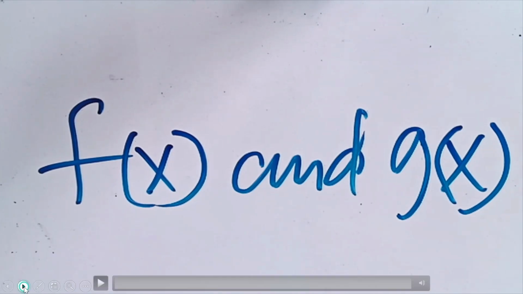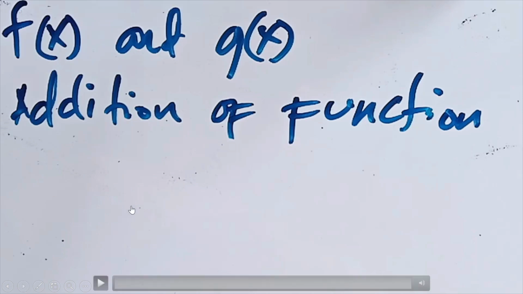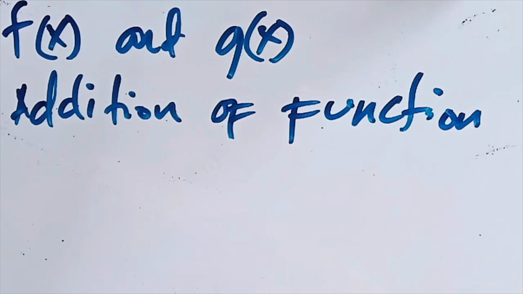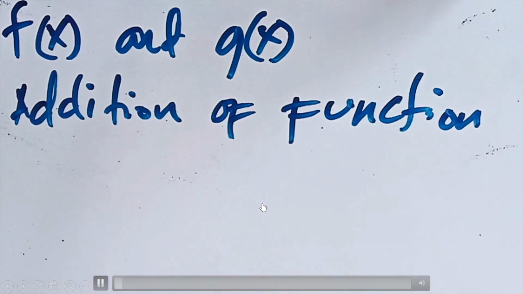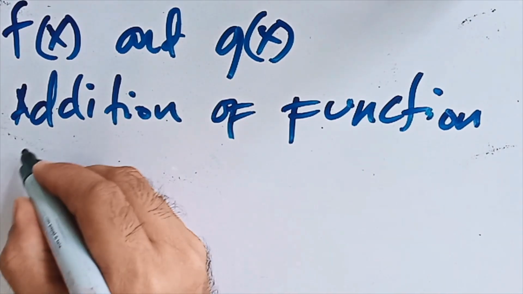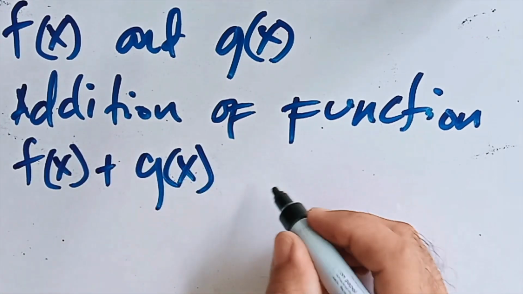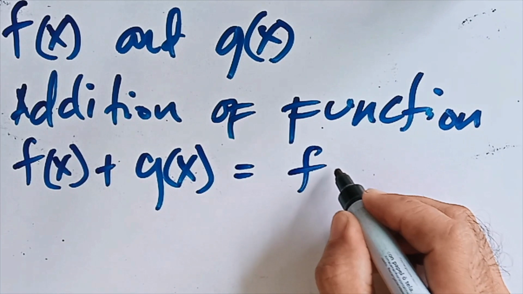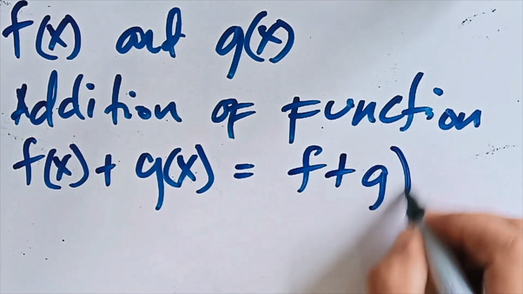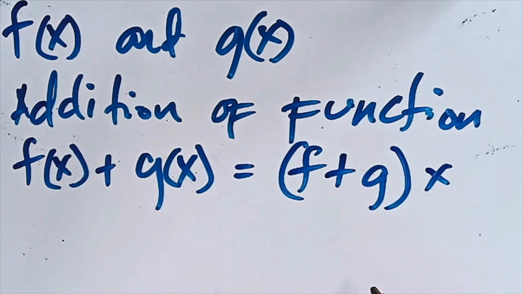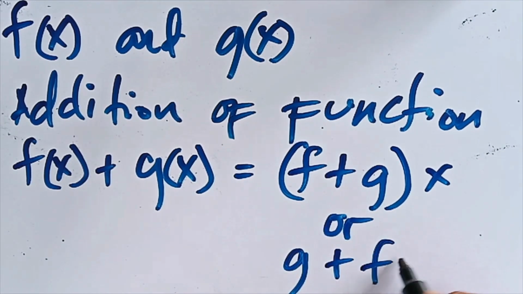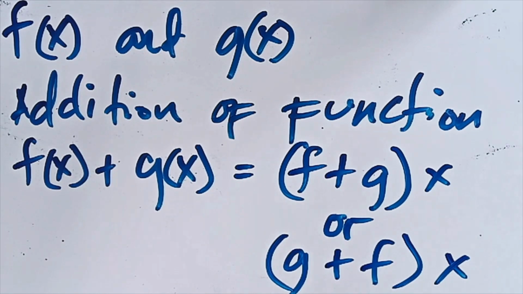Let us try to add those two functions. f of x plus g of x will give you the sum, f plus g of x. Or you can write it this way, g plus f of x, since f and g are all positive.